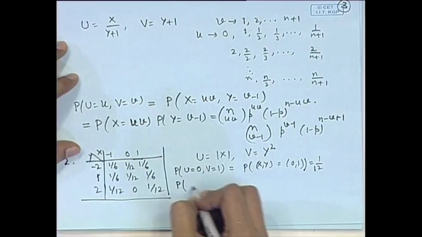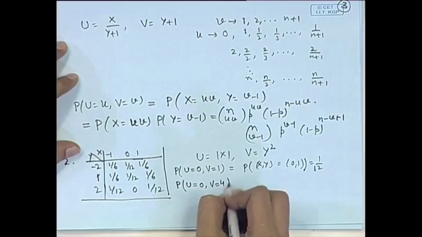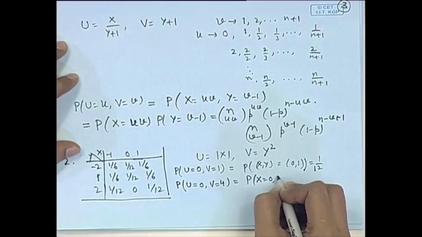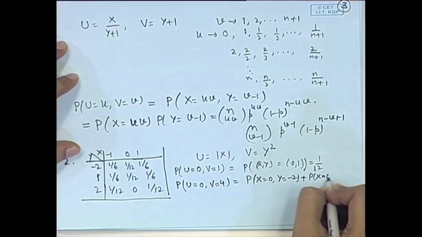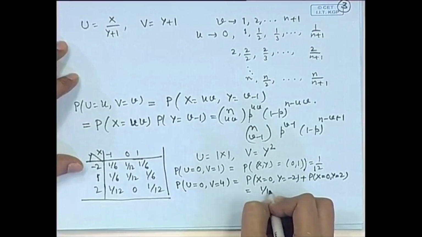If we look at what is the probability of u is equal to 0, v is equal to 4, it is the sum of probability x is equal to 0, y is equal to minus 2 plus probability x equal to 0, y is equal to plus 2. So, if we add these probabilities, we get 1 by 12.